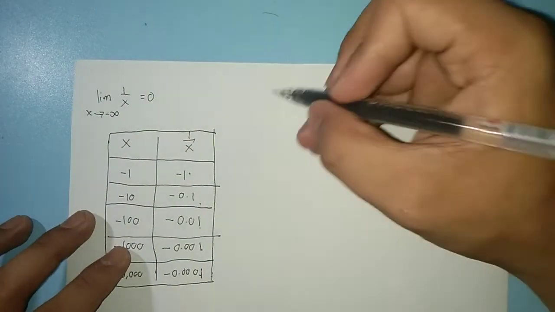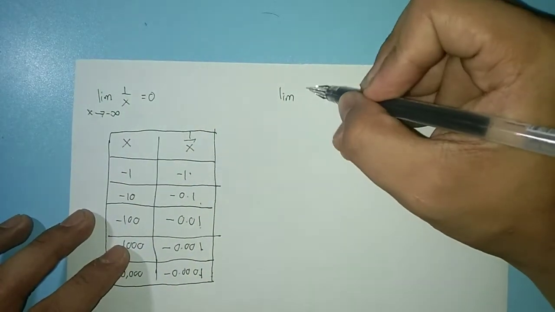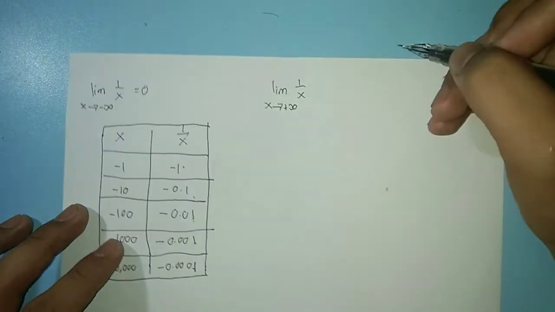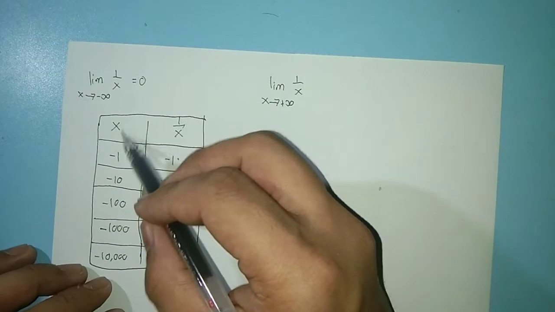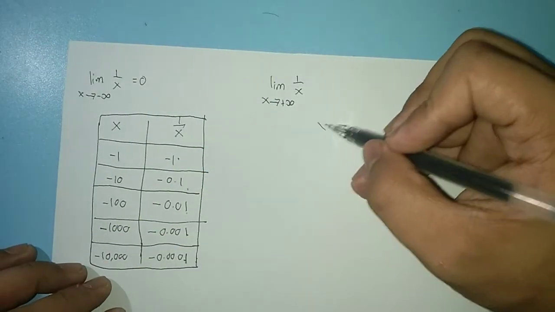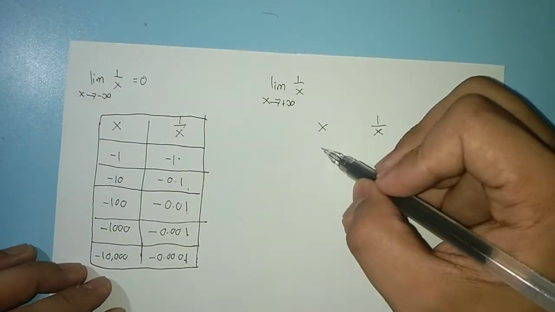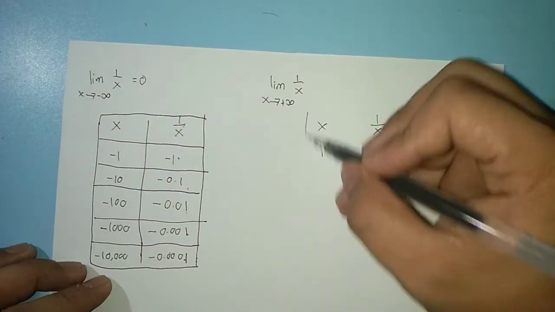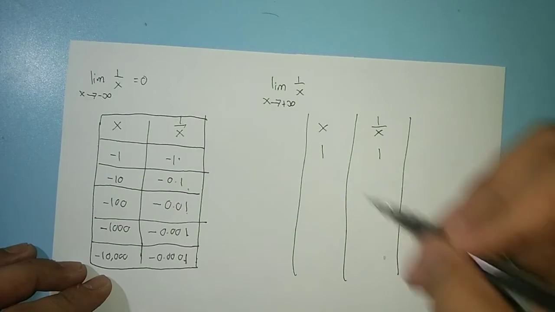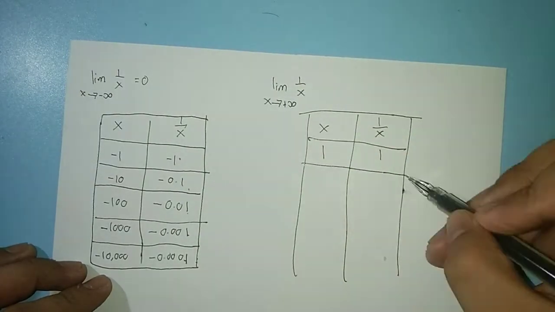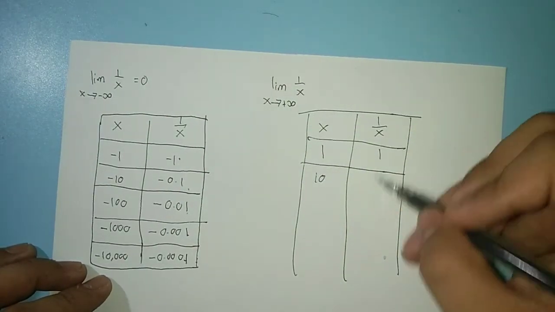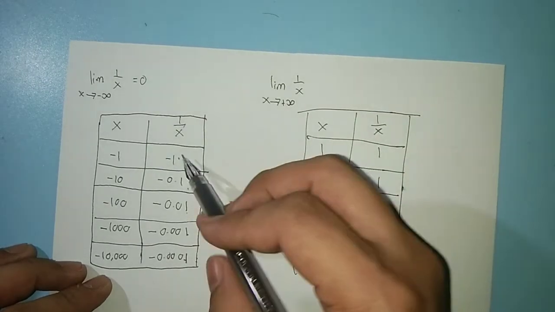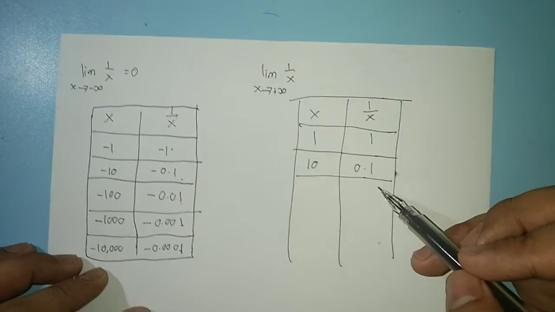Kung titignan naman natin yung limit ng 1 over x as x approaches positive infinity, gayahin lang natin yung itsura sa table of values, simulan natin sa positive 1. Then 1 over x will be 1. Tuloy natin sa 10, i-increase natin, magiging 1 over 10 or 0.1. So lumiit siya. Kung dito lumaki, dito lumiit.